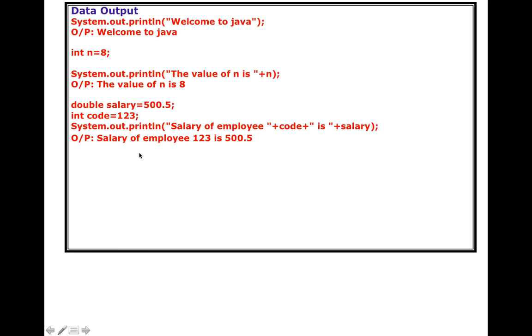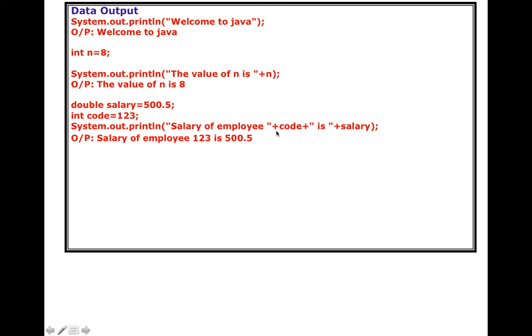Now take a few seconds, have a look at this part of the print statement. Look at it carefully. Remember the logic. Whatever is inside the double quotes will be displayed as it is. Whatever is outside the double quotes, the compiler will display its value. So the compiler will display the value of code and the value of salary.